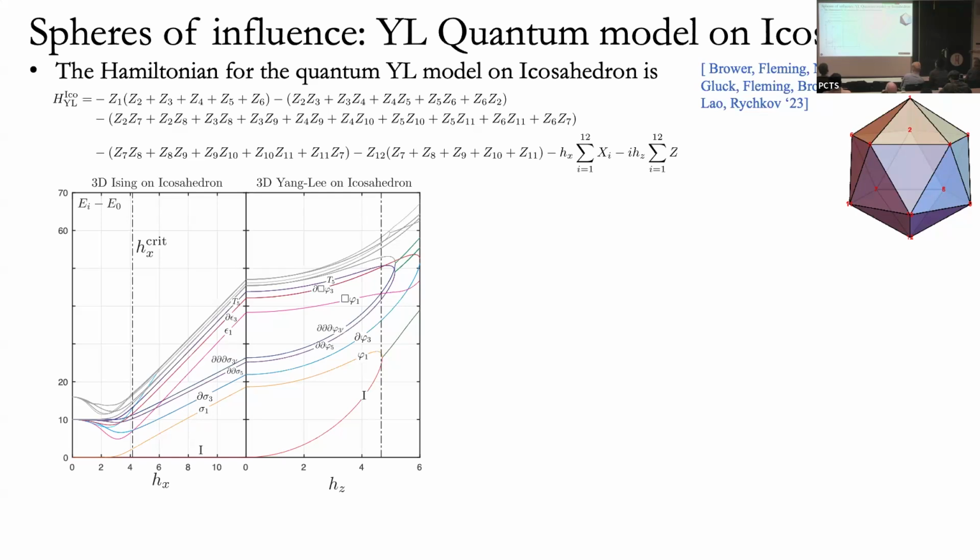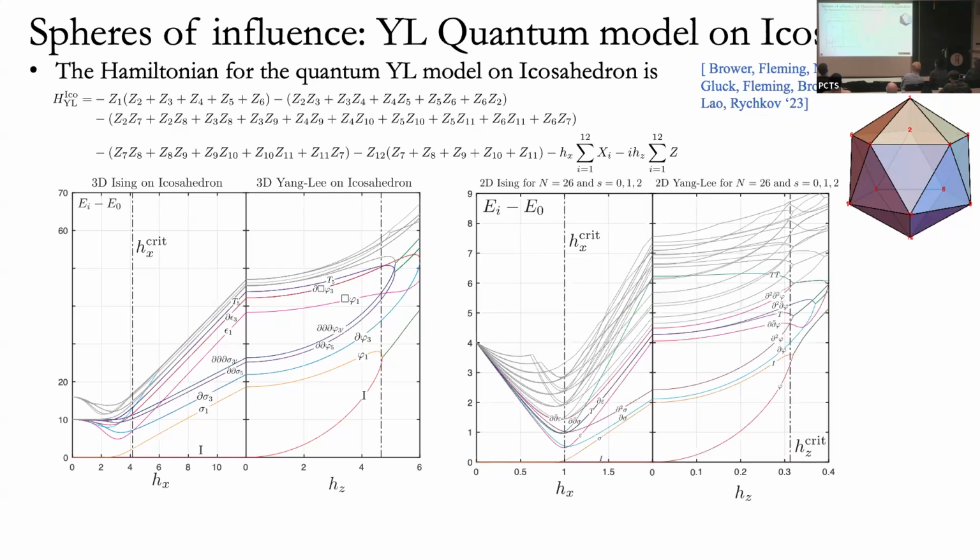Now we don't really know what happens in 3D, so it's kind of a guess, but comparing with 2D, we can successfully identify states on the Yang-Lee icosahedron. They look very much the same. Here I goes to I and sigma goes to phi, because now phi has positive anomalous dimension, so it's more natural here.